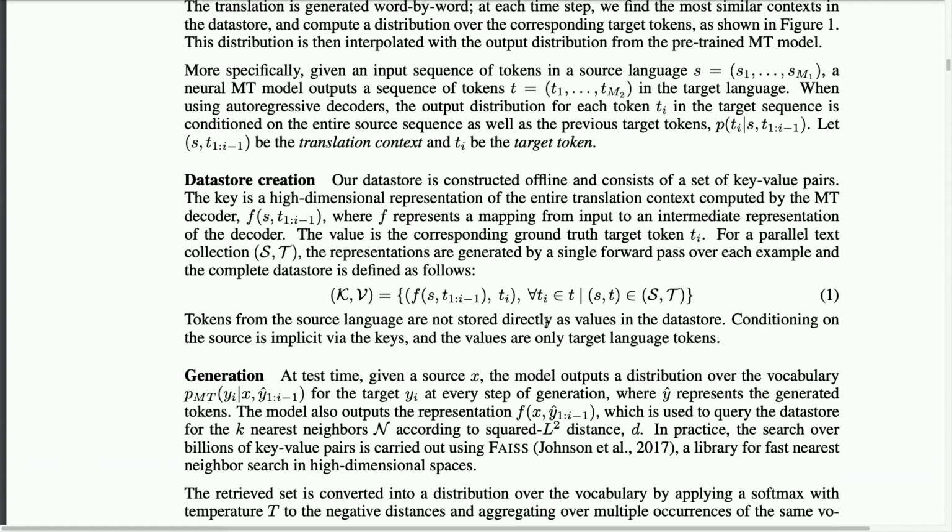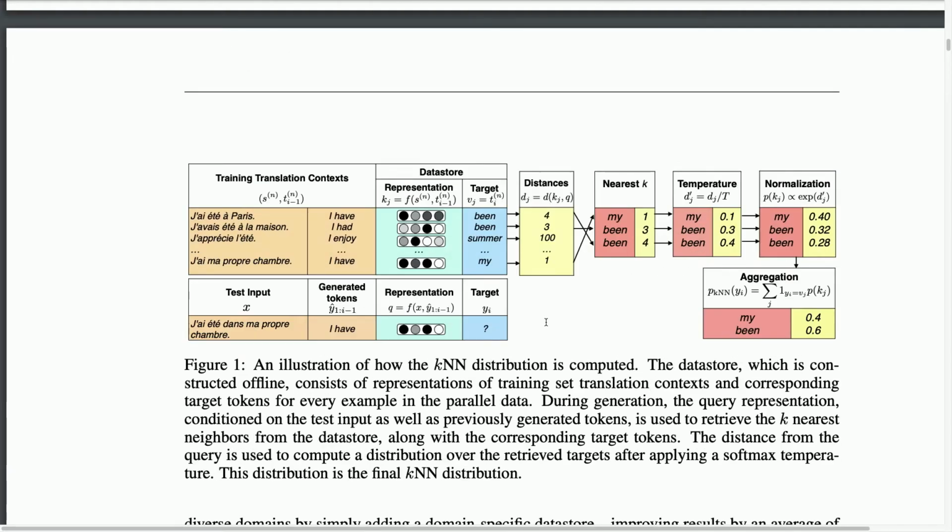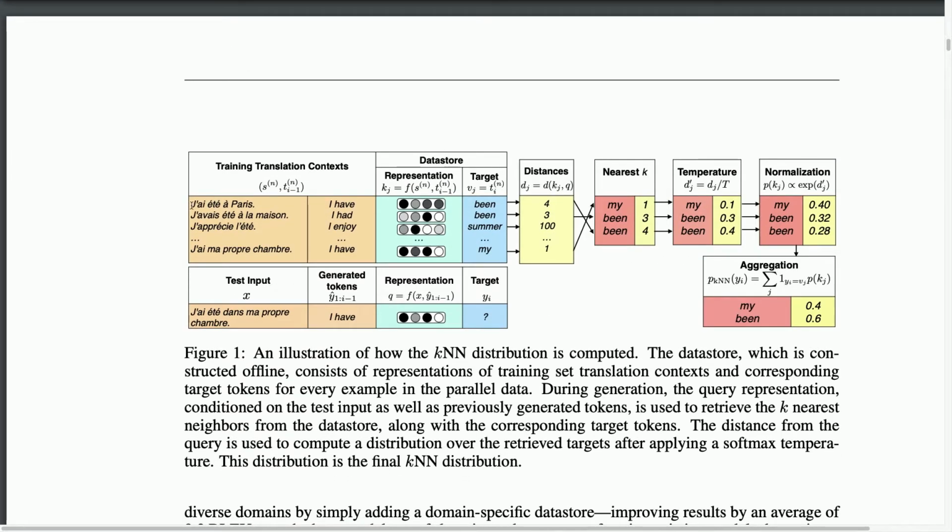The way the kNN model works is that you have a training dataset of examples in French and English in this case. For each possible translation context for modeling the probability of the translation up to now, for example, "I have", "I had", "I enjoy", when you're trying to predict the next word, for each context up to this point, you are going to compute a representation.